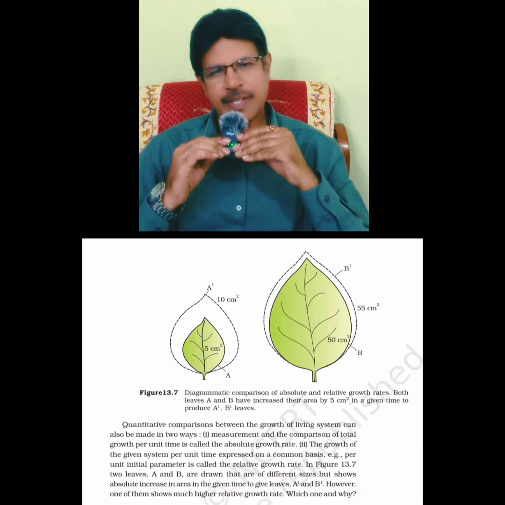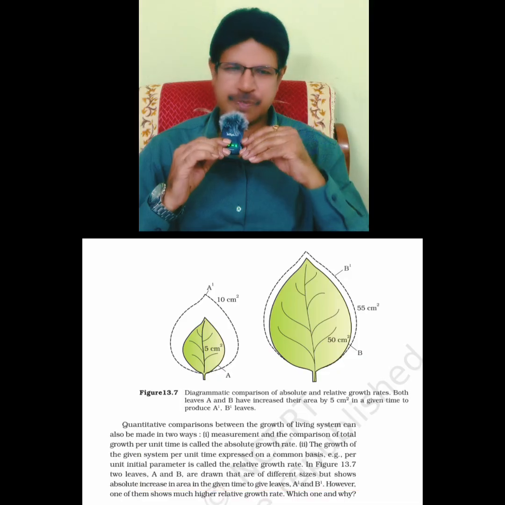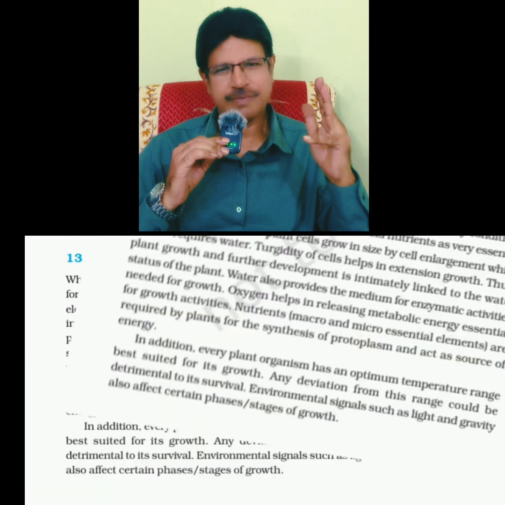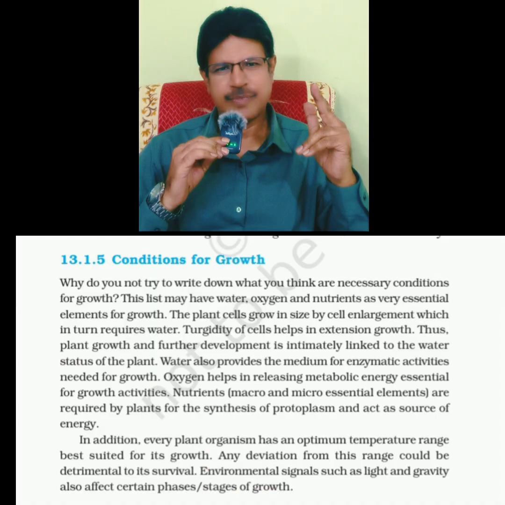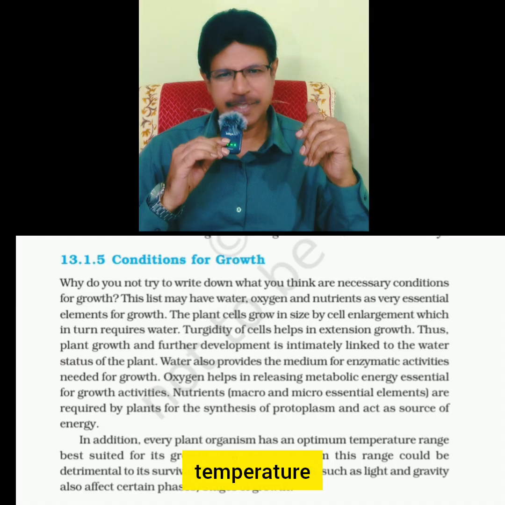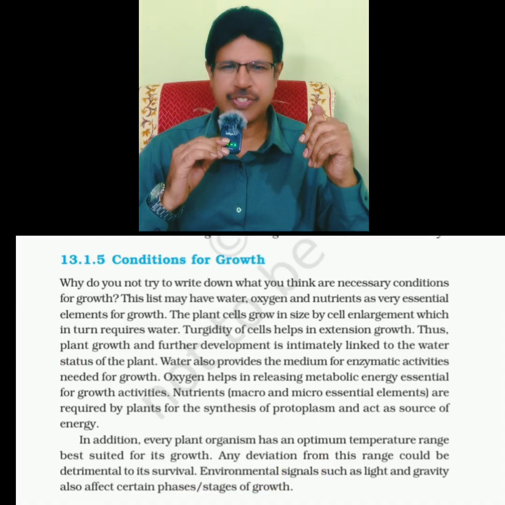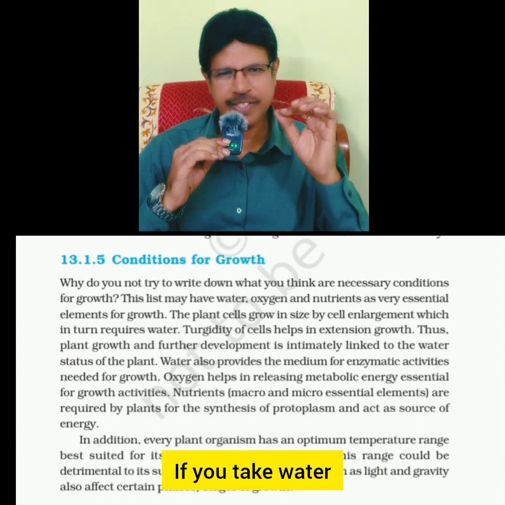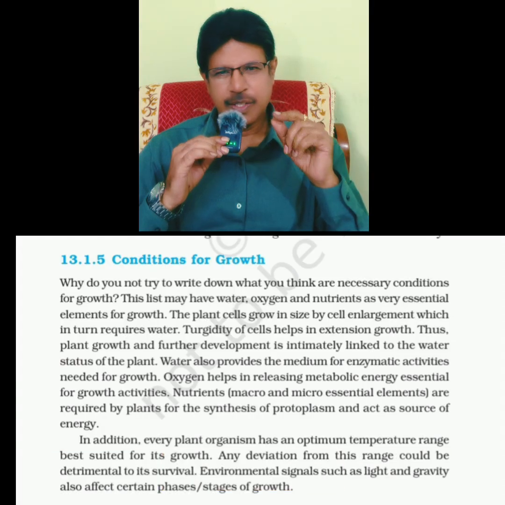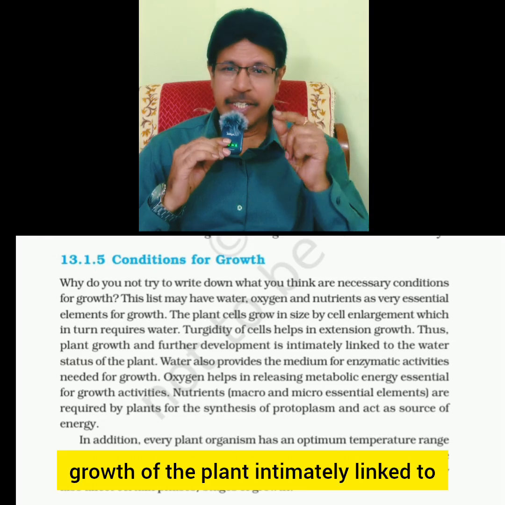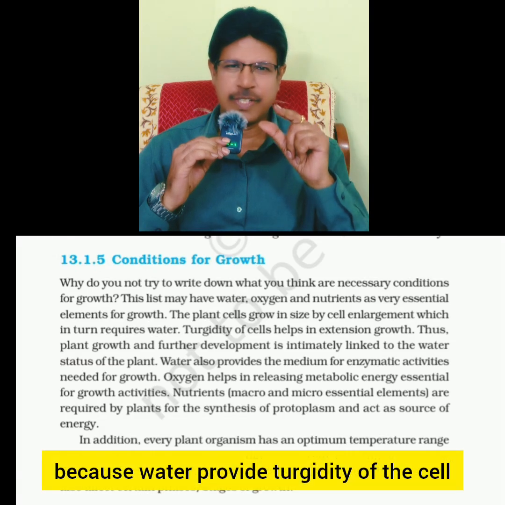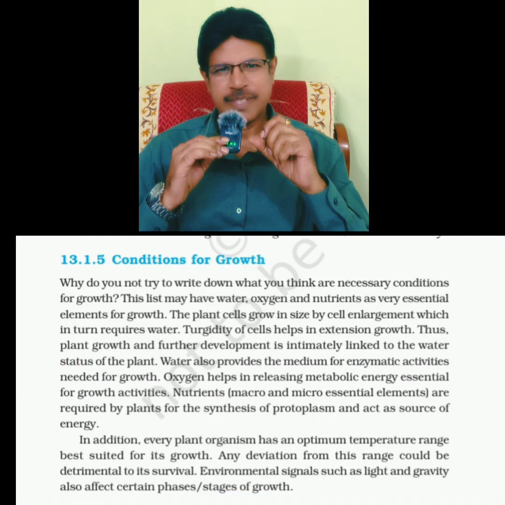Next, conditions for growth. If you make a list of conditions: water, oxygen, nutrients, temperature, light, which are the conditions for growth. If you take water, growth of the plant is intimately linked to water status, because water provides turgidity of the cell.